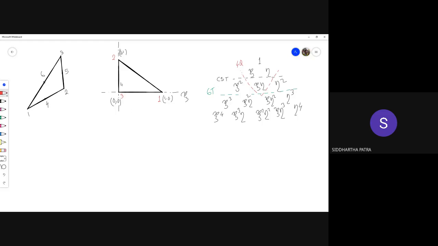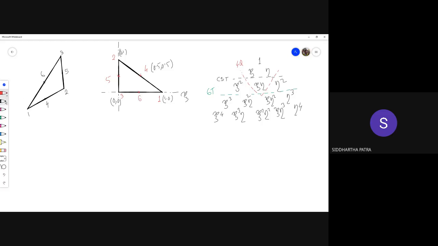So up to this we have seen with the CST element. Between 1 and 2 comes exactly in the middle node 4. So the coordinate of that point should be 0.5, 0. Then between 2 and 3 comes your node number 5, and between 3 and 1 comes your node number 6.